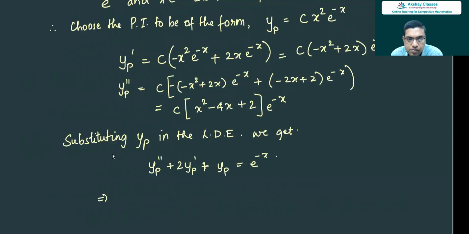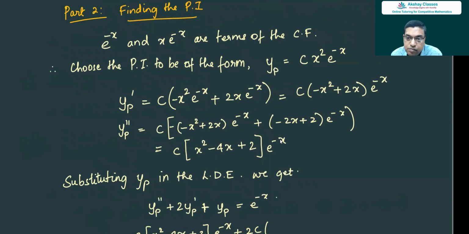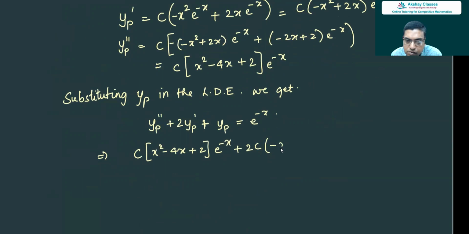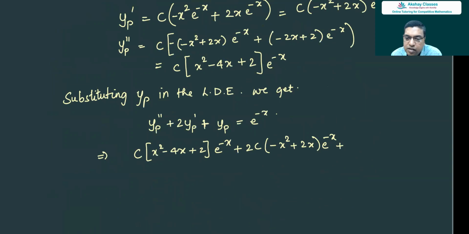So use this. yp double dash is c times x square minus 4x plus 2 times e power minus x, plus 2 times yp dash, which is c times minus x square plus 2x, plus yp, which is c x square e power minus x, is equal to e power minus x.